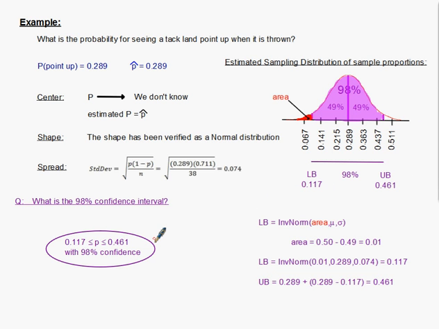So we have from 0.117 to 0.461, the true population proportion, the actual probability of attack landing point up, is somewhere between these two values, and we can know that with 98% confidence, which is to say 98% of the time the samples will fall in that range.